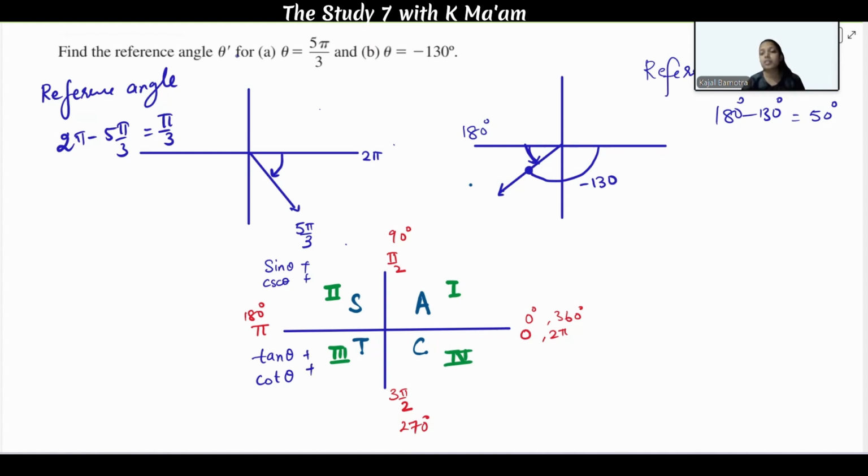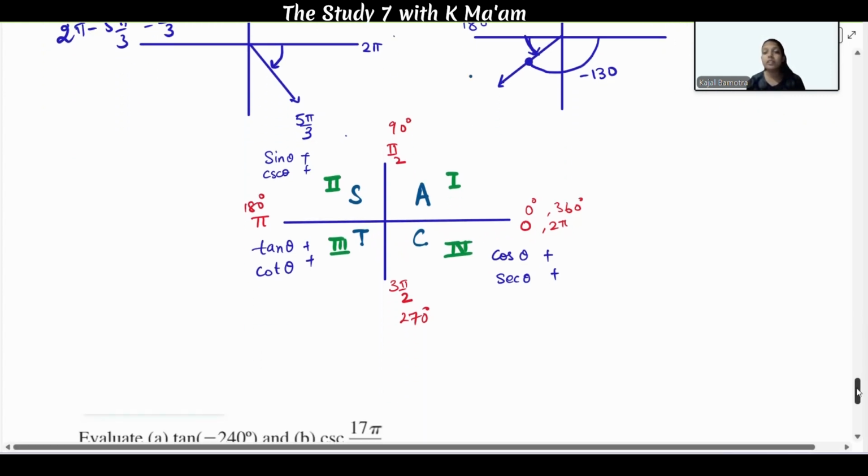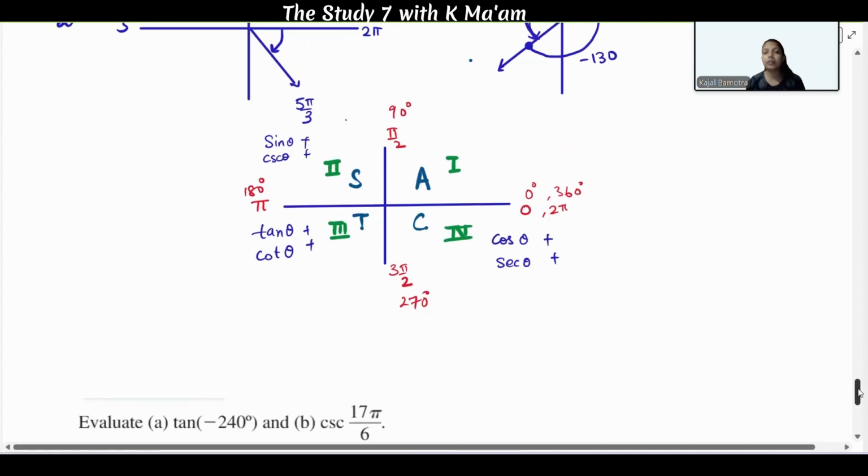These two are positive. C is cos. Cos theta and the reciprocal of cos is secant theta. These two are positive in this quadrant. All others are negative. Let's see how we will use this quadrant concept to calculate.